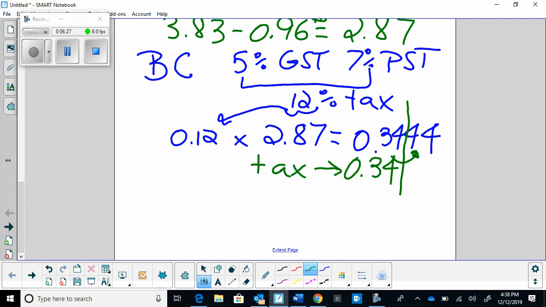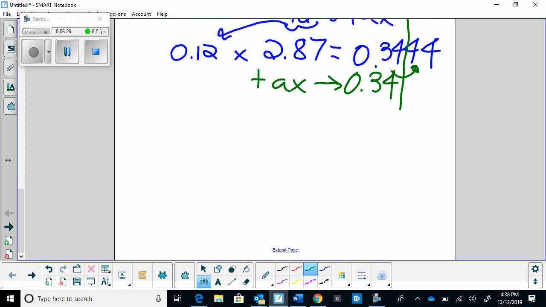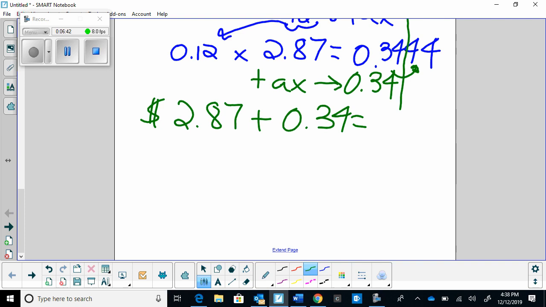Tax we have to add onto our total. So now instead of paying $2.87, with all those coupons, now we have to add a tax. We add 34 cents onto our total. So when we add them up, we get $3.21. And that would be our final and full total of our values.